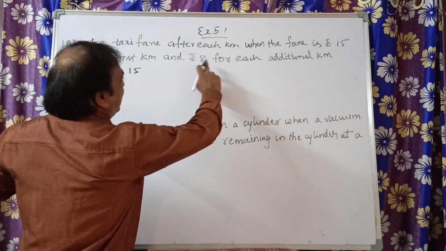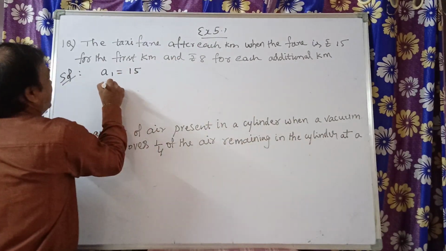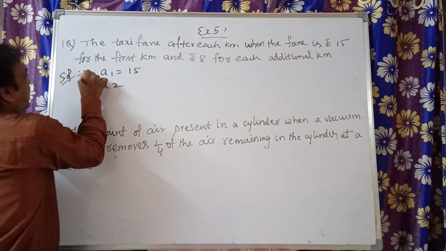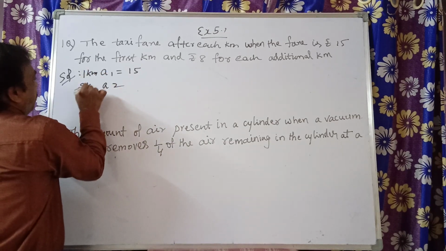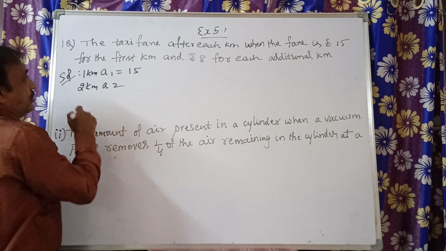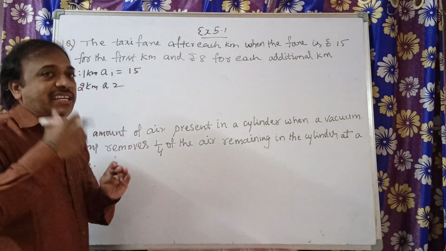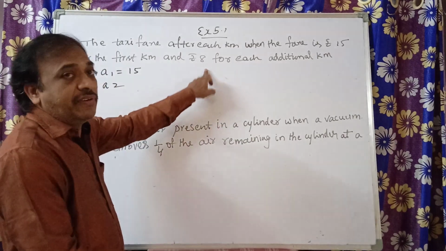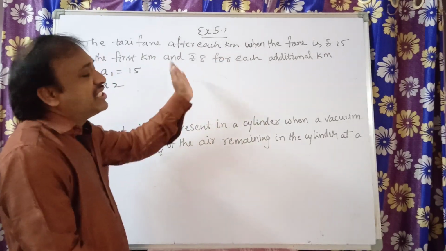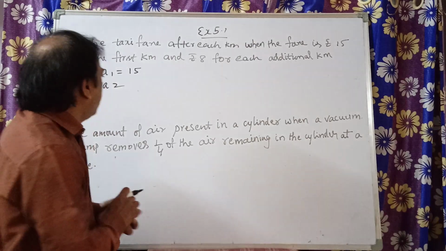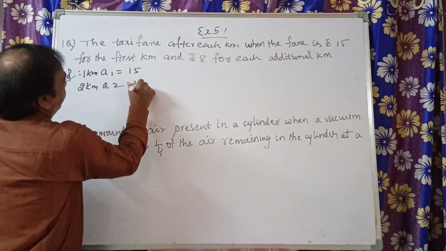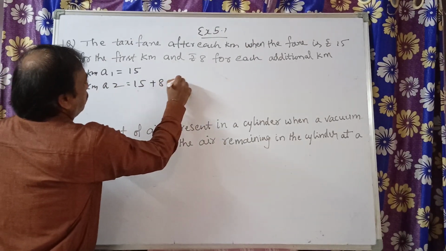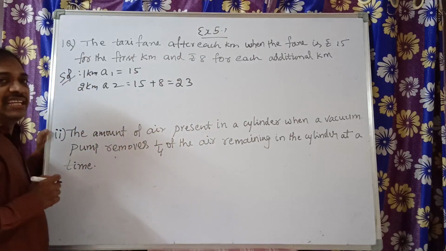Then how much is he adding? Next, second kilometer, that is A2. When he is traveling the second kilometer, how much does he need to pay? Additionally 8 rupees. 15 is the first kilometer. For each next additional kilometer, 8 rupees. So second kilometer means 15 plus 8, which is equal to 23.